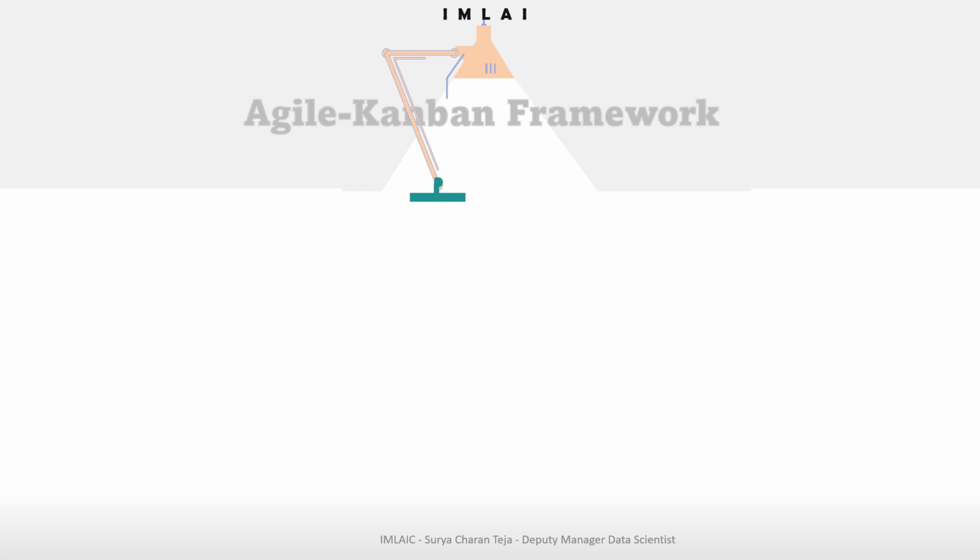So now we have a grasp on what the Kanban methodology and the Kanban board are. Now let's look into the most important principles of Kanban. The first one is visualize work, and the most important thing to remember is that the Kanban framework was not made or discovered to be put into the software development lifecycle.